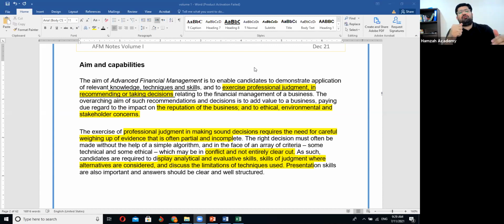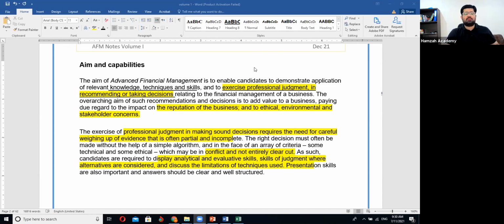Because the level of financing decisions you learn here is important. They distinguish you as a finance professional. Without AFM, you lack that knowledge. So whenever students ask me which subjects they should do, I normally recommend that if you are good in analytical skills, go for it.